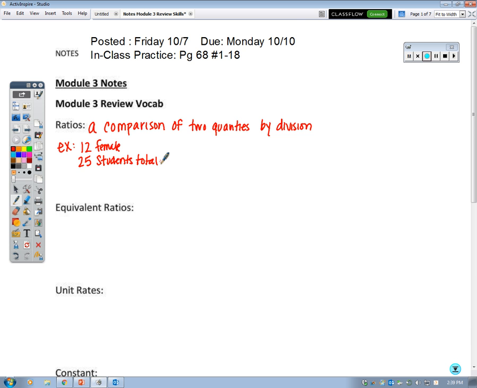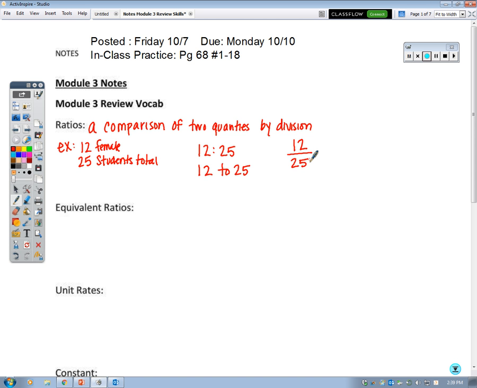We would write that ratio in one of three ways. We could write it as 12 to 25. Or we could write it in a fraction form or in division form as 12 out of 25 students are female. Pretty straightforward, but ratios are important, especially when we get into proportions.